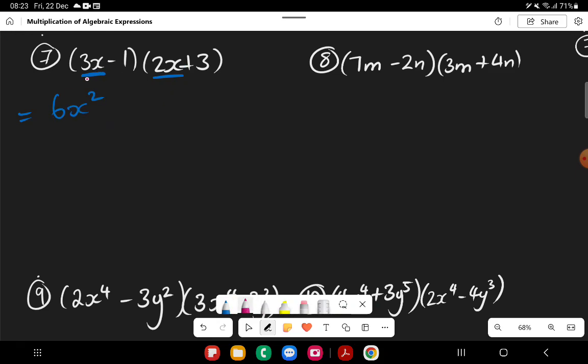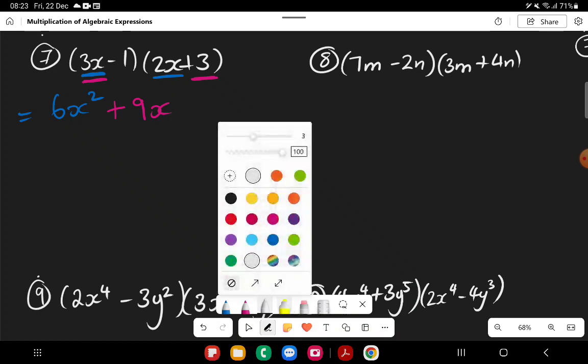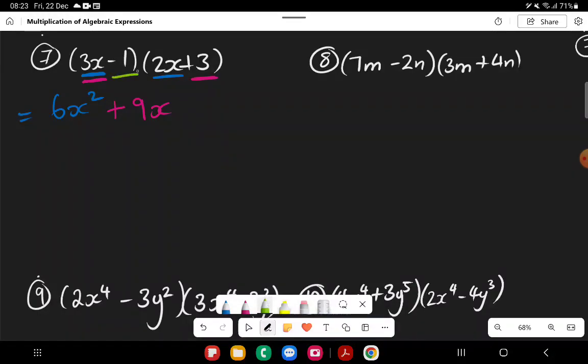Now we're going to do outer, 3x times 3. So that is positive. 3 times 3 is 9 and only 1x. Now we are going to do inner, which is negative 1 times 2x. So negative and positive is negative. 1 times 2 is 2x.